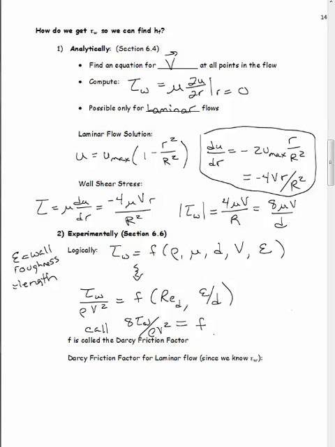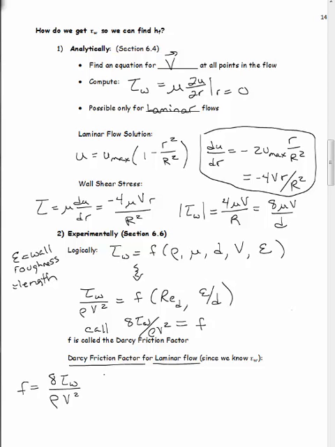Okay, so our Darcy friction factor for laminar flow, we can figure that out directly. Remember f equals, we said right here, 8 tau the wall over rho v squared.